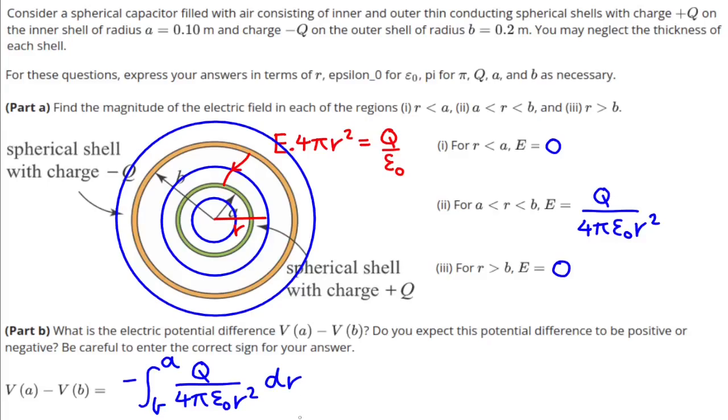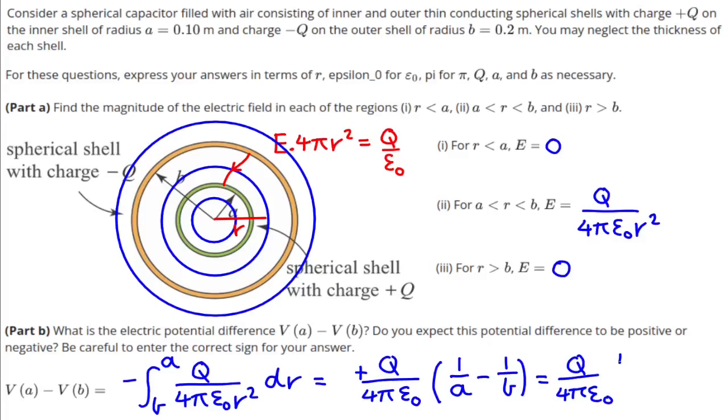So what we get is minus Q on 4 pi epsilon naught by taking the constants outside the integral. And the integral evaluates to minus 1 on r. So we get a plus here. 1 on A minus 1 on B. And simplifying this, we get Q on 4 pi epsilon naught by B minus A on AB.